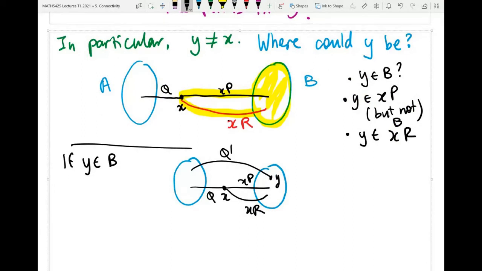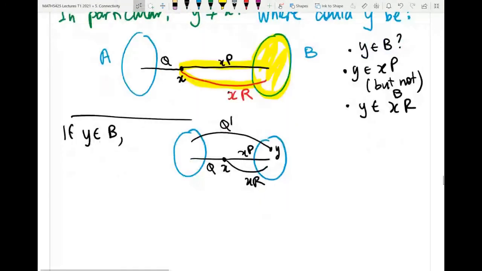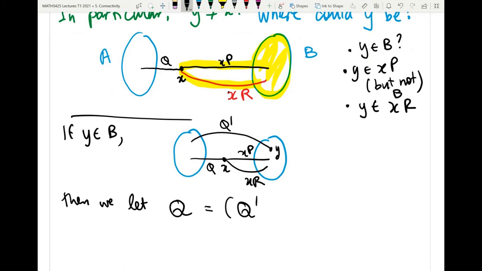So if Y belongs to B, which is as in this picture, we let curly Q be obtained from curly Q primed.